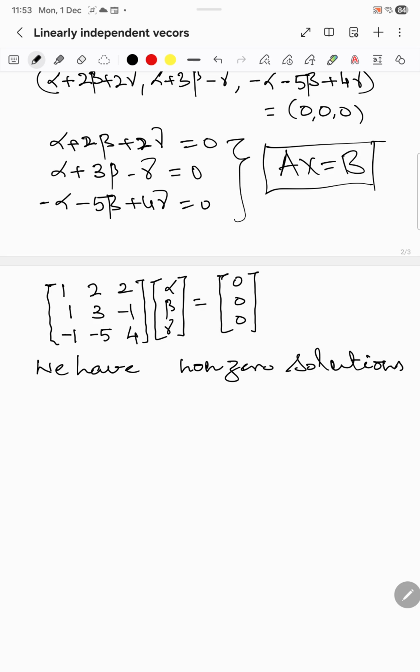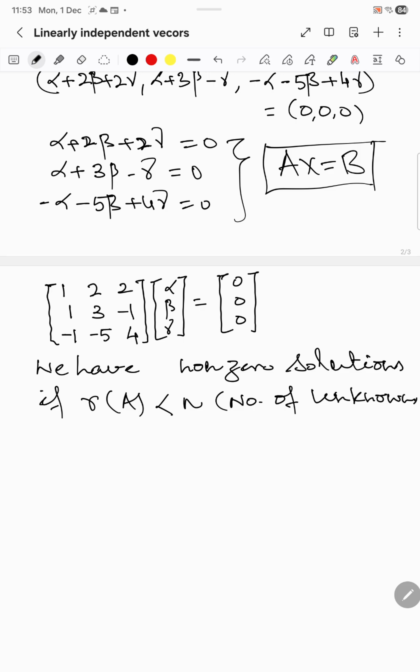So we have non-zero solutions if the rank of the coefficient matrix A is less than n. Here this n is the number of unknowns, right?